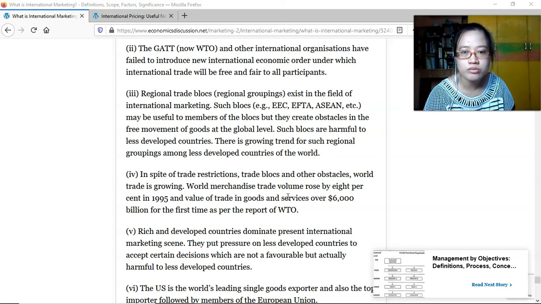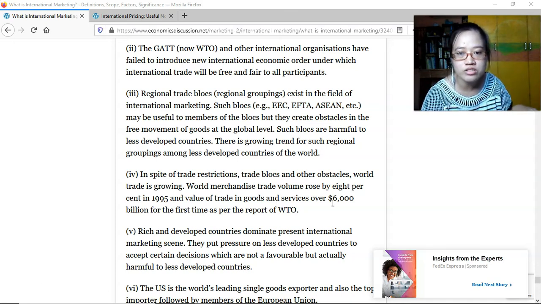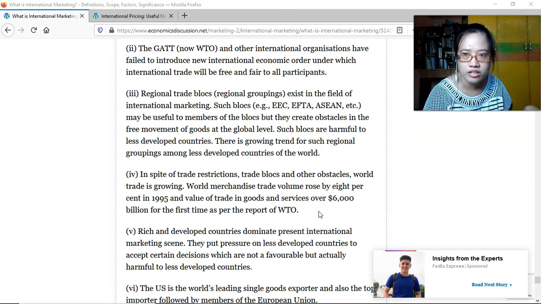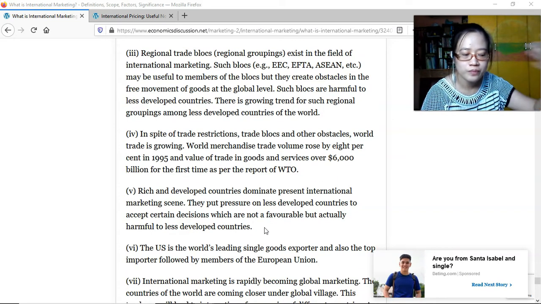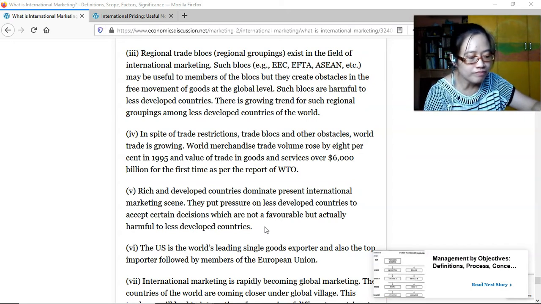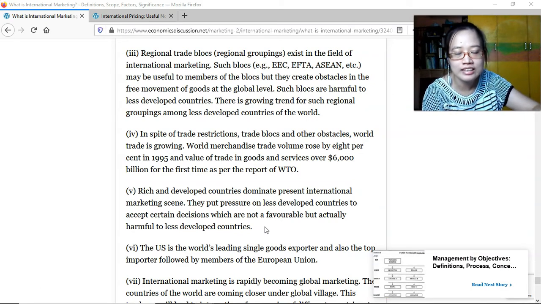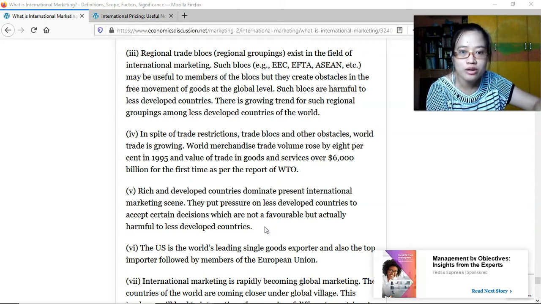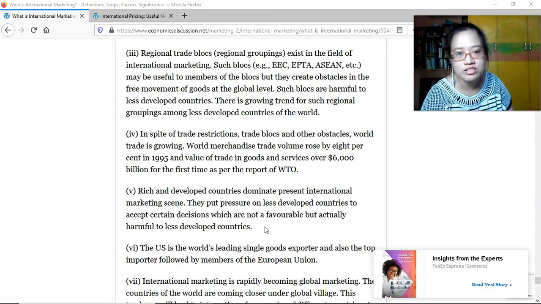World merchandise trade volume rose by 8% in 1995, and value of goods and services over 6,000 billion. Wait, how much is that? For the first time, as per the report of the World Trade Organization. Because of online trading, online selling, that also contributed a lot in the growth of international trade as well.